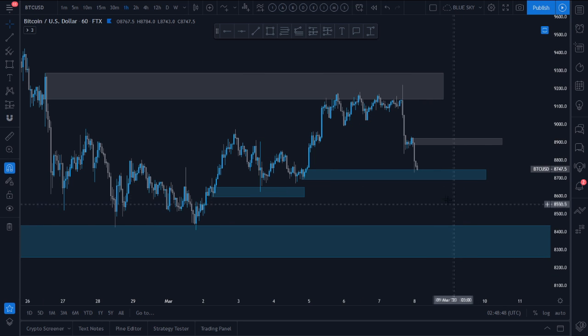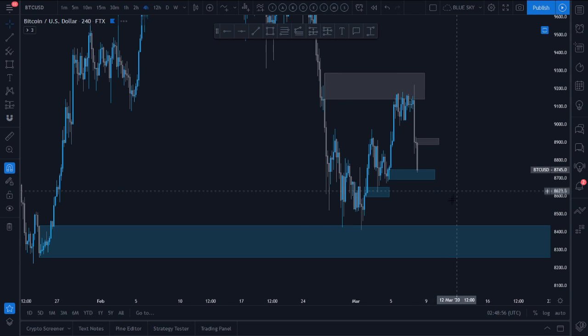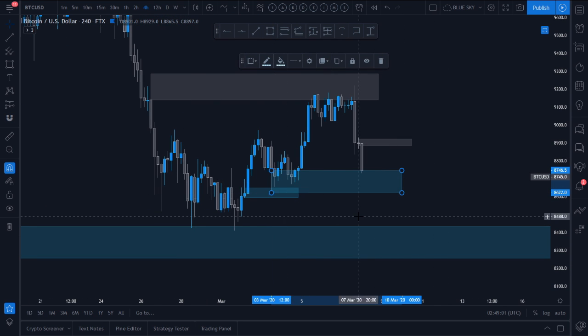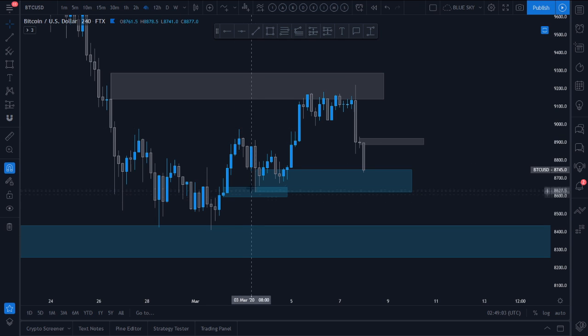And yeah, as long as we stay above here, 8,600, because some people would draw this demand zone like this. Okay, some people maybe would draw this base, they would take the lowest wick.